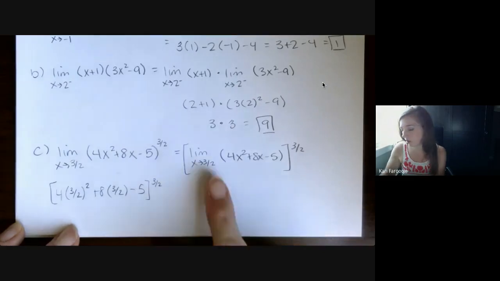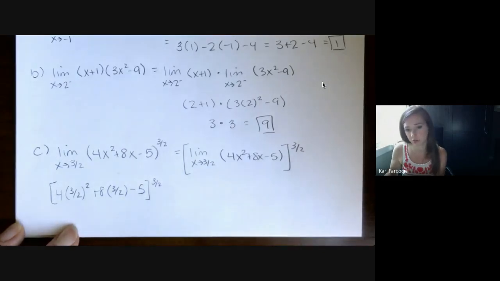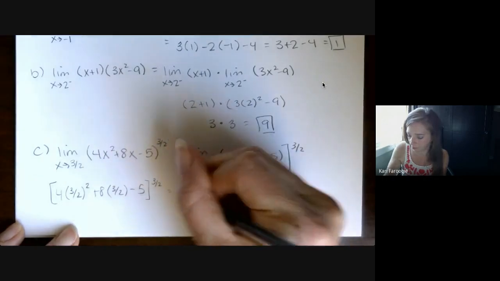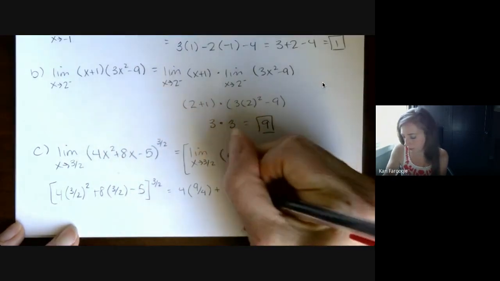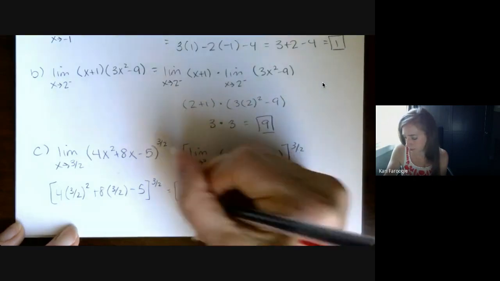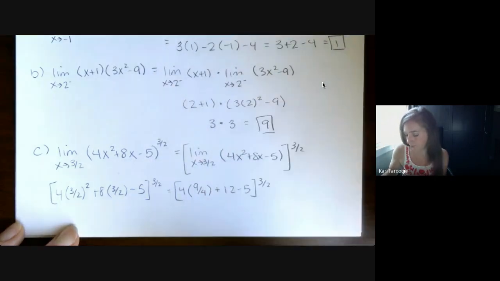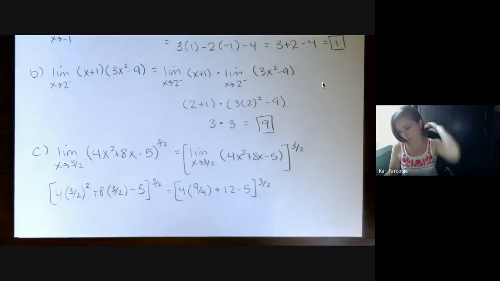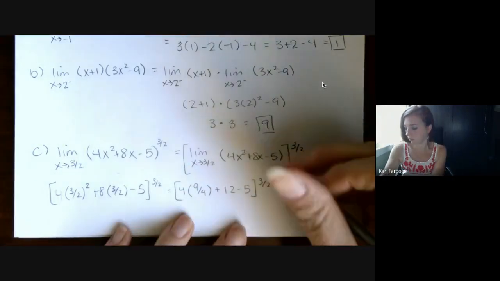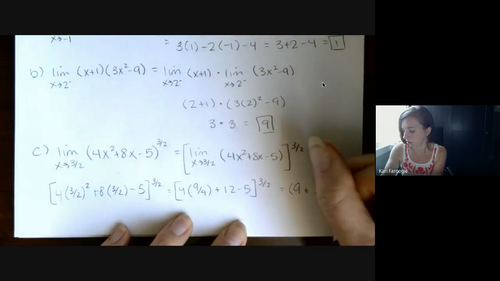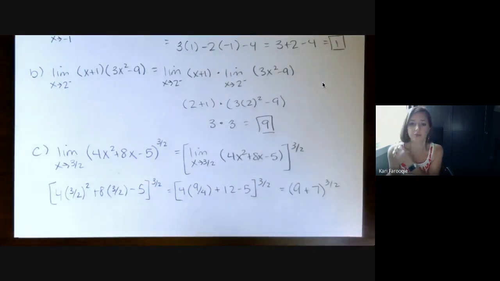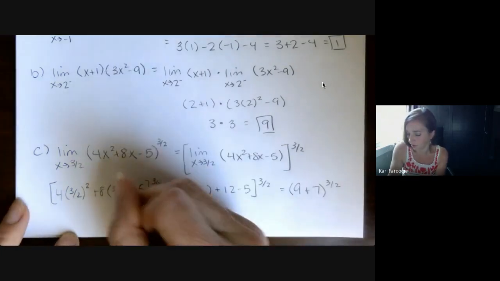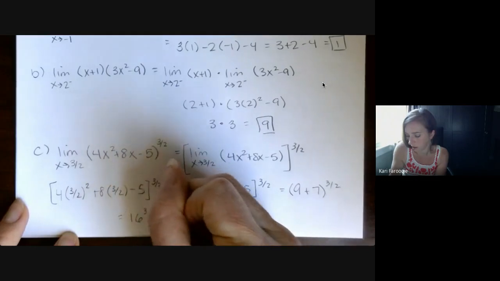So the inside is a polynomial, so we're just using that polynomial rule here. So you're getting 9 plus 7 to the 3/2. And this gives you 16 to the 3/2.